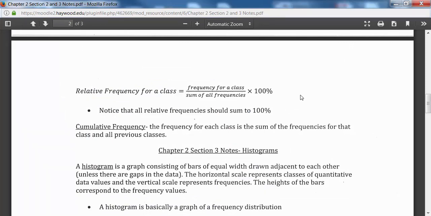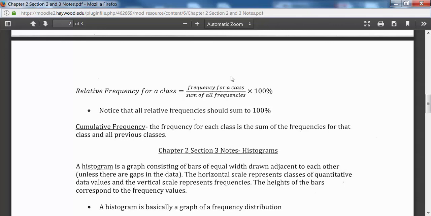Okay, so let's go to the notes and just look at what a relative frequency is for a class, and that is essentially the percentage of all of the data points that belong to each specific class. So to find the relative frequency, we take the frequency for each class, so the number of data points that belong to the class, divided by the sum of all the frequencies, which is basically the total number of data points that you have.